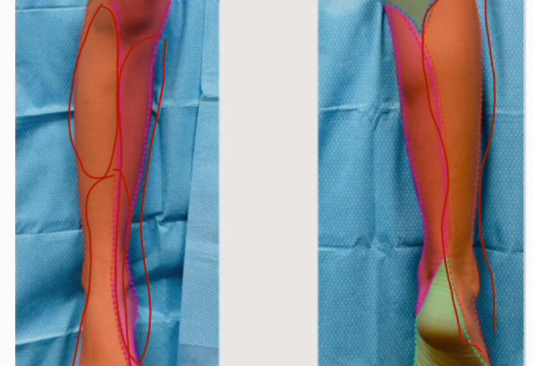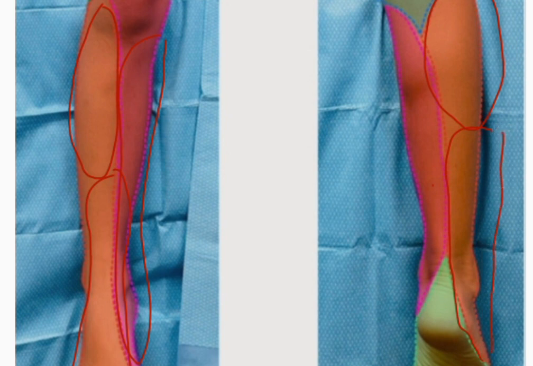On the posterior aspect, the upper part is supplied by the sural cutaneous nerve anterolaterally, and the lower anterolateral part and the dorsum of the foot are supplied by the superficial peroneal nerve, and the medial part up to the foot is supplied by the saphenous nerve.